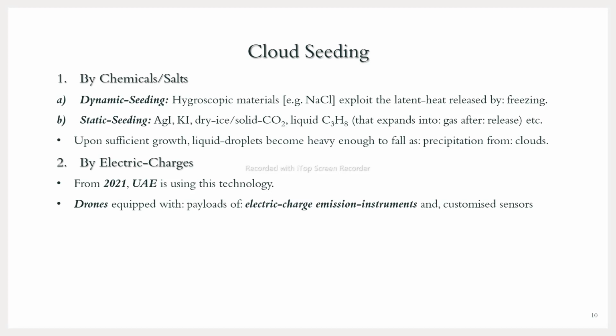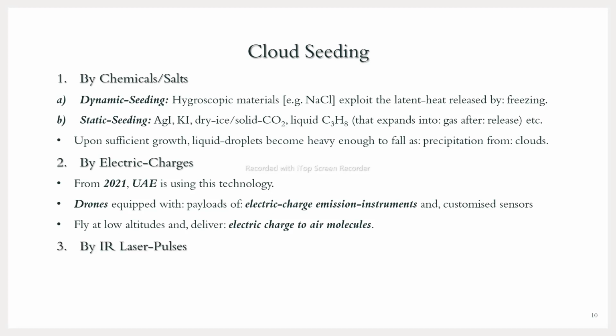Drones equipped with payloads of electric charge emission instruments and customized sensors are used in this technology. Those drones fly at low altitudes and deliver electric charge to air molecules, inducing precipitation.